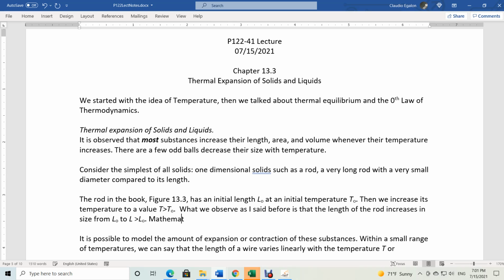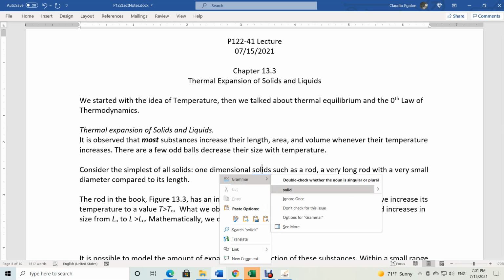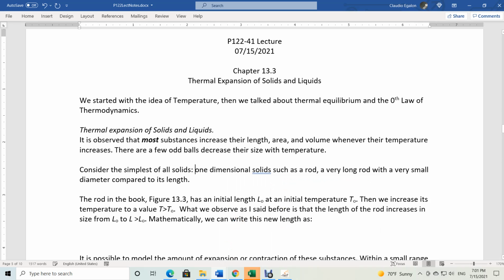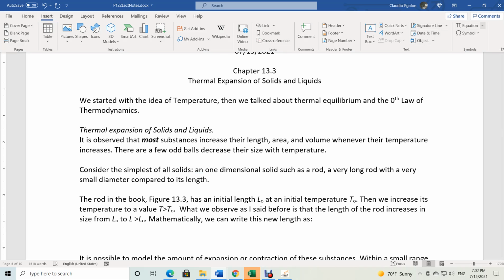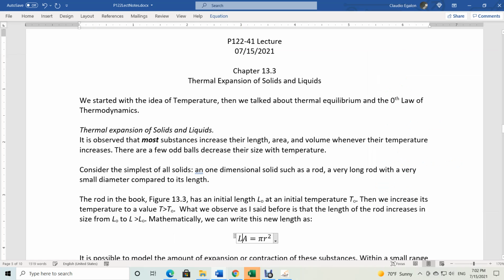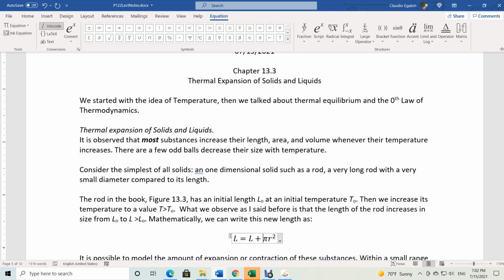Mathematically, we can write this new length as L, new L, equal to L naught plus a small change in the length that I'm going to call delta L. Here you go.